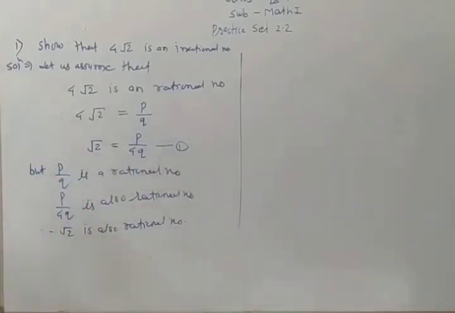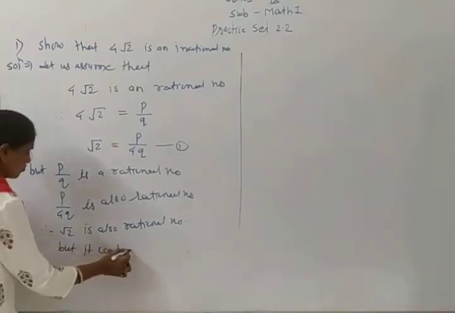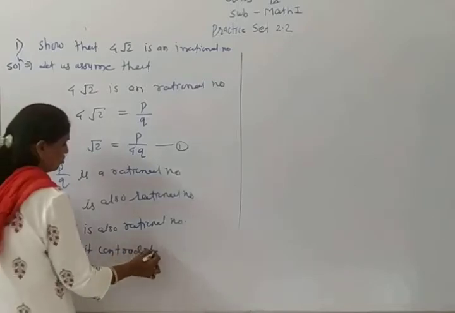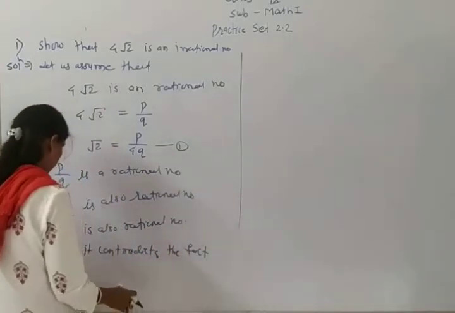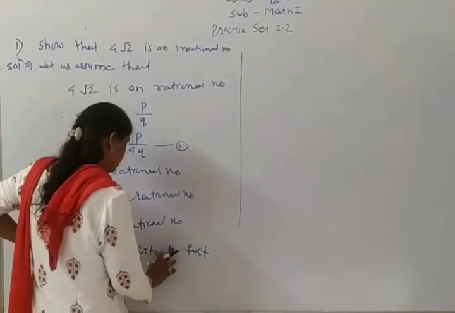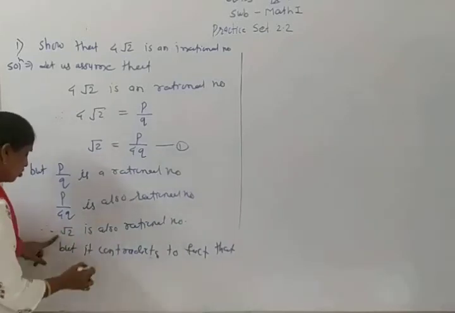This is our contradiction. It contradicts the fact that root 2 is not a rational number.